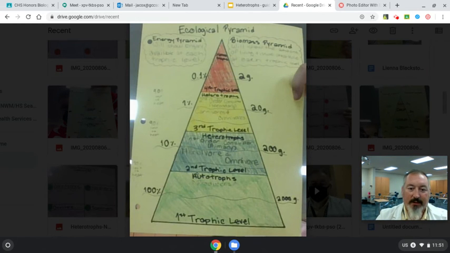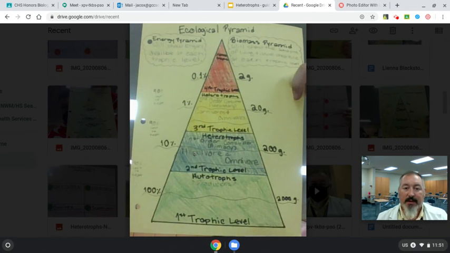On top of that, the second trophic level. The second trophic level are going to be heterotrophs. So you're going to write heterotrophs at the top of that category. All of this second trophic level will consume things from the first trophic level.